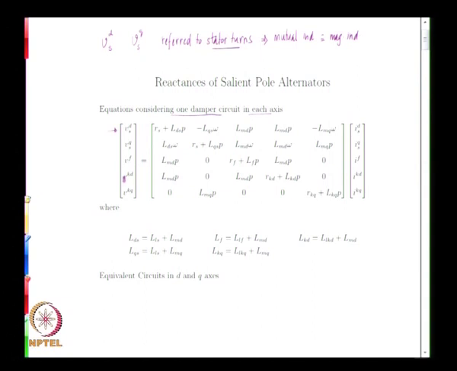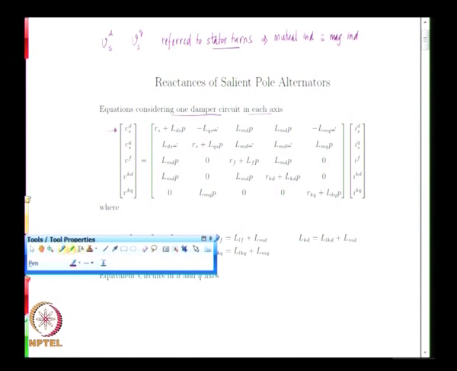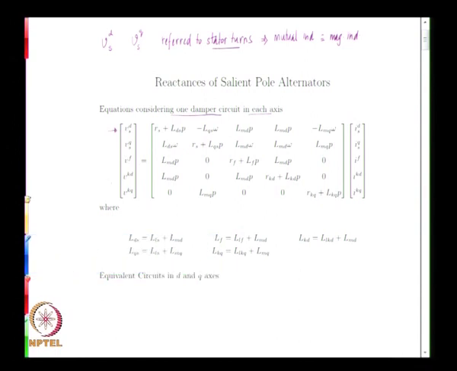Kd and Kq represent these two damper windings. So Kd represents the d axis damper winding and Kq represents the q axis damper winding. That is what is then shown here.